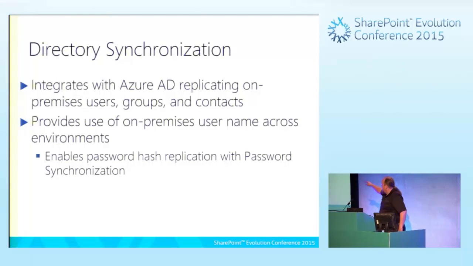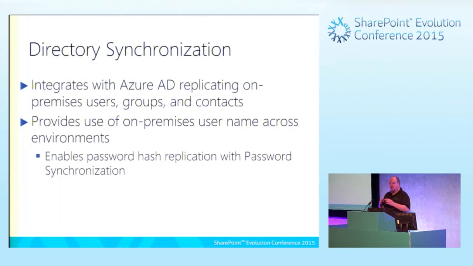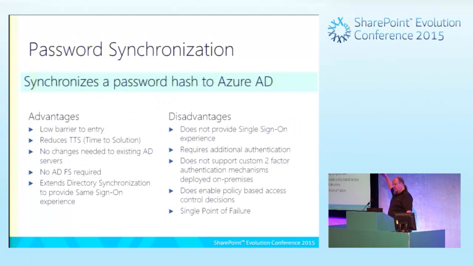You can also enable what we call password sync. This means we take a hash of your password and sync that to Azure Active Directory. We don't know your password, but we know the hash.